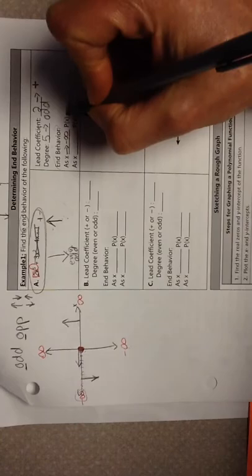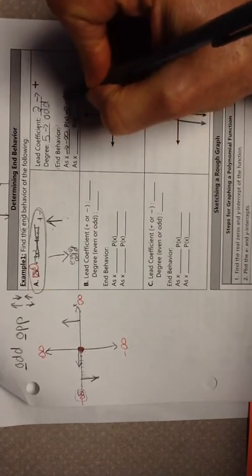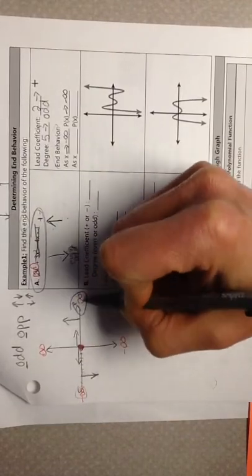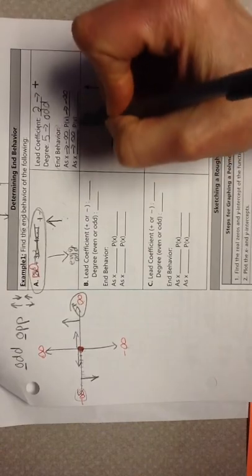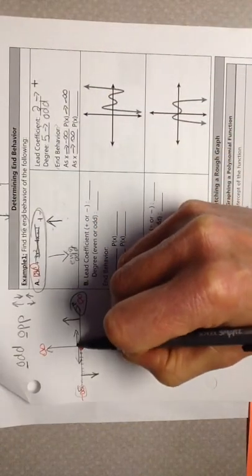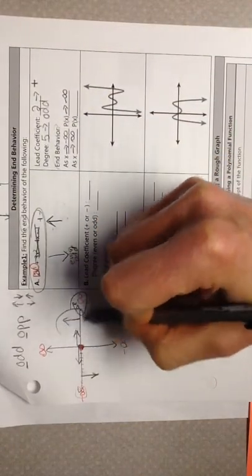So p of x approaches negative infinity. Now I'm going to switch to the other direction, and instead of saying going to the right, I'm going to say as x approaches positive infinity, my function is pointing up, so up means positive infinity. So the function approaches positive infinity.